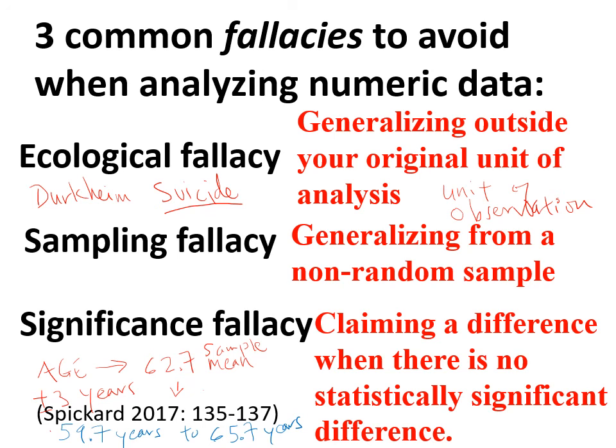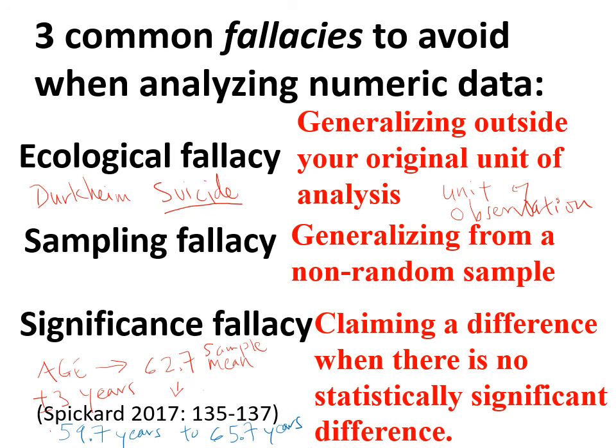Indirectly, what he's talking about is the significance fallacy is related to the fact that people often forget that our sample means are really just point estimates, and that when we're talking about something like statistical significance or statistically significant differences, we're actually talking about a range around that point estimate.